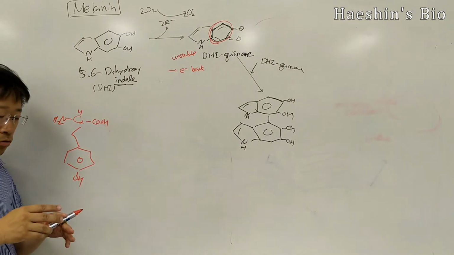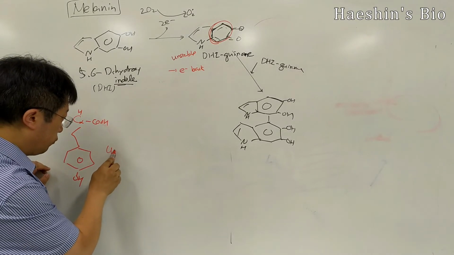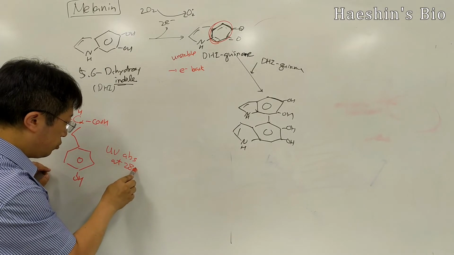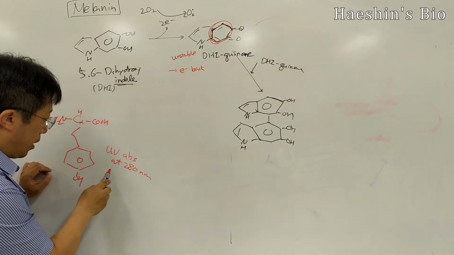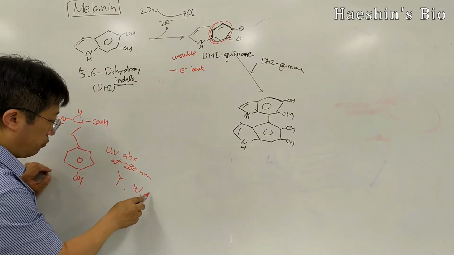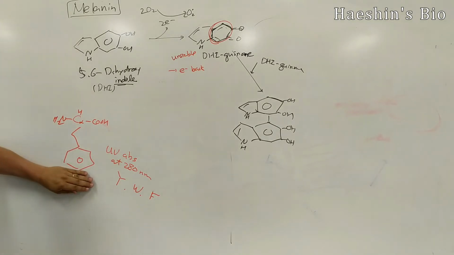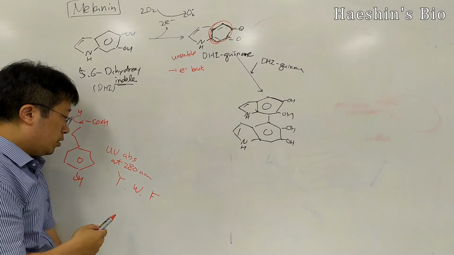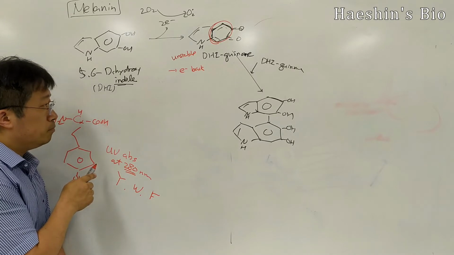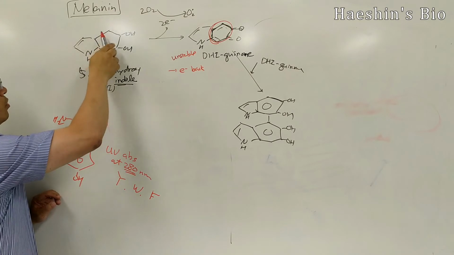We know that among the 20 different amino acids, the UV absorption at 280 nanometers is by tyrosine, tryptophan, and phenylalanine, right? Phenylalanine is this, right? And this tyrosine is anyway 280 nanometers.